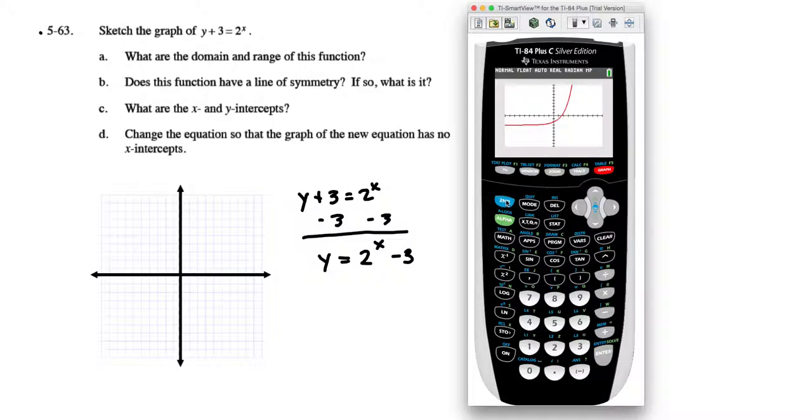To come up with some points to plot on my coordinate plane on the left, I'm going to go into my table and find some good points. It says -11, -3 would be a good one. So let's create our own little table here.